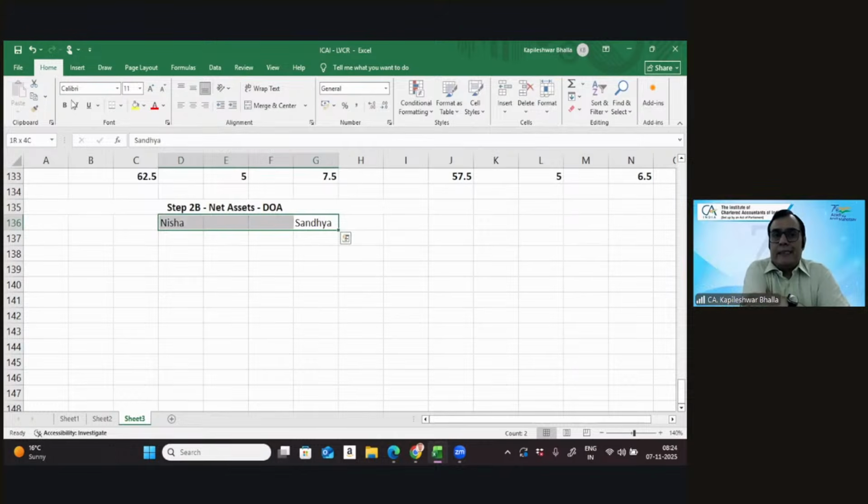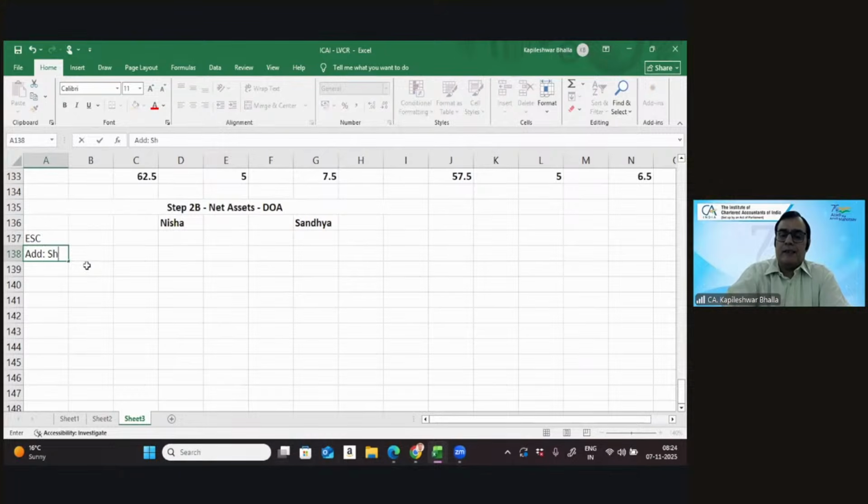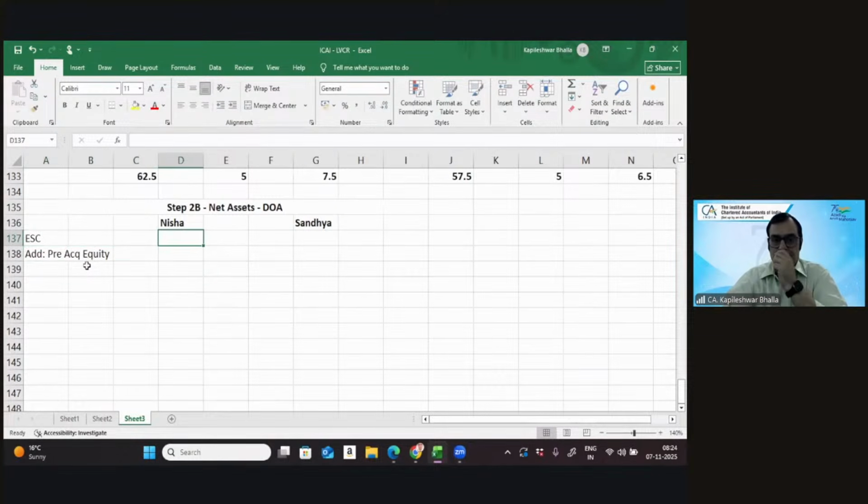We know that the net assets is going to be a sum total of the equity share capital and we add the pre-acquisition equity, which is available from the analysis.